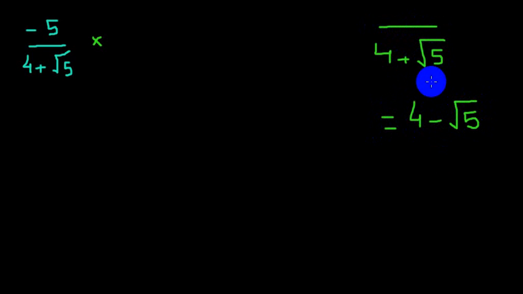So the conjugate of 4 plus square root of 5 is 4 minus square root of 5. Then you times the numerator and the denominator by it, like 4 minus square root of 5 over 4 minus square root of 5.